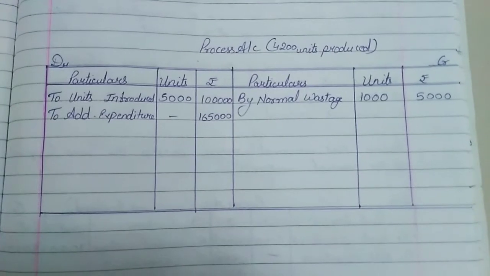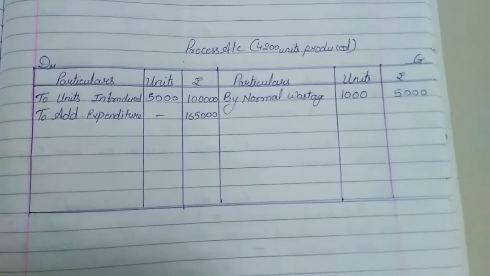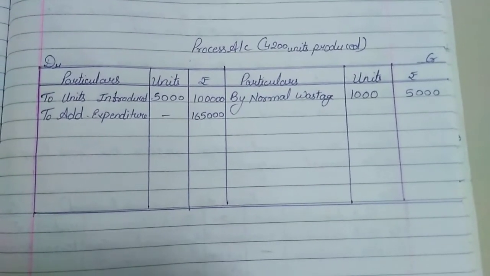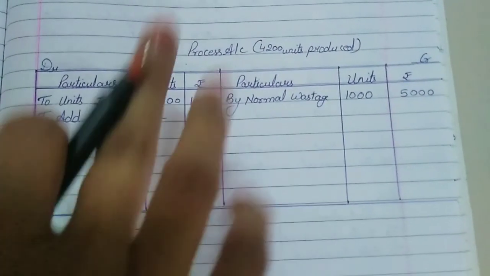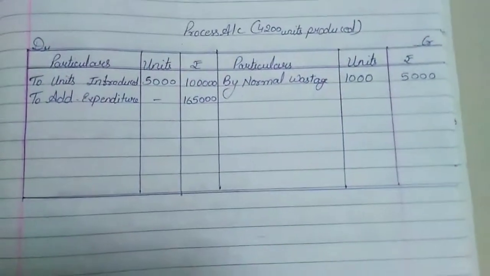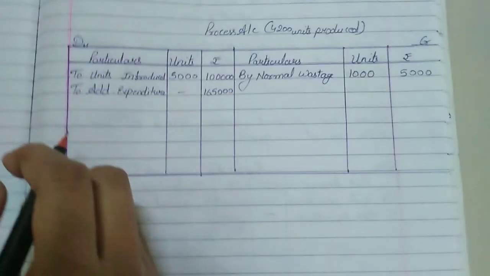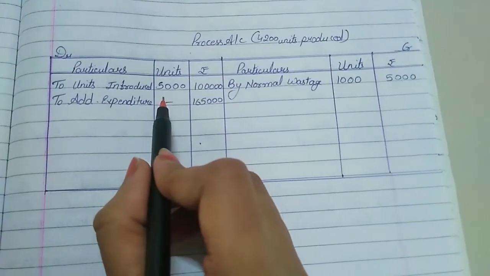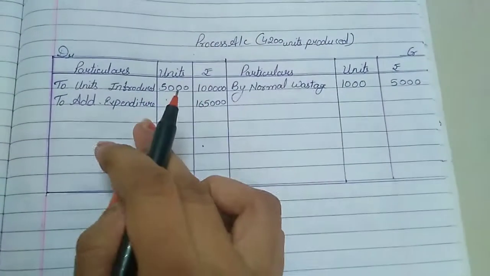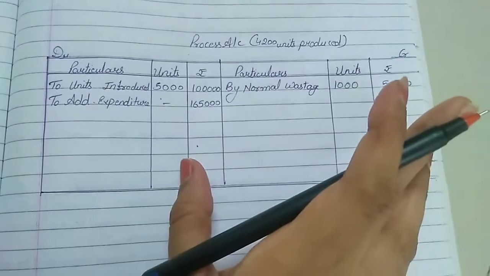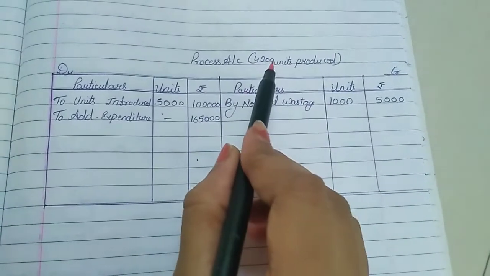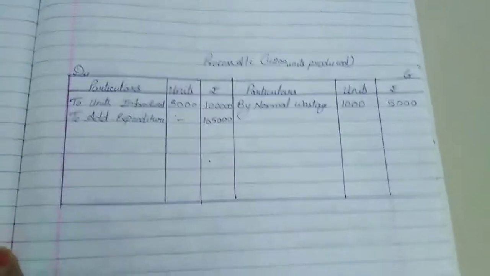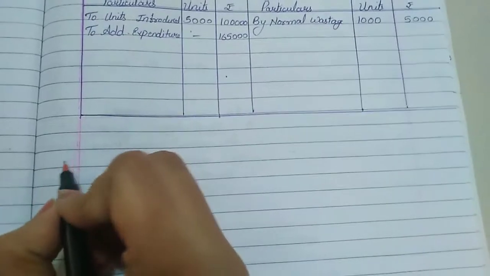The next point is process account for 4200 units produced. Okay, here I had written units introduced, normal wastage and additional expenditure, which in the process account earlier we have done. Okay, here the question is, we generally take out units introduced minus normal wastage equals to normal output, which is 4000 here, but here units produced is more than normal output, so we have to calculate it in the following ways.